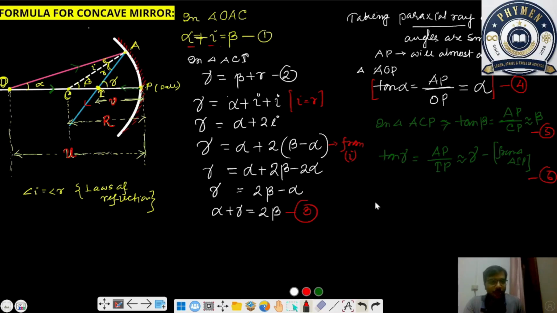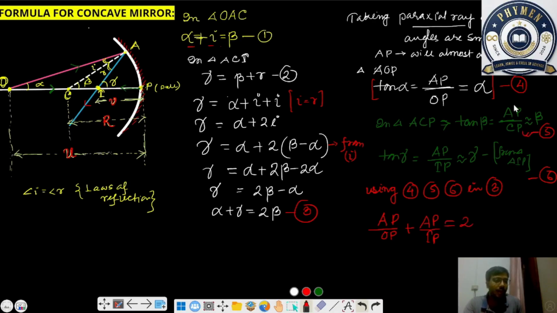Putting all these equations in equation number 3, using 4, 5, and 6, we get alpha, which is AP by OP, plus gamma, which is AP by IP, from equation number 6, equal to 2 times beta, that is AP by CP.